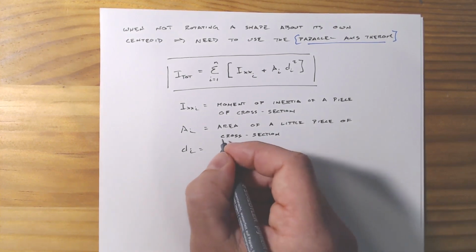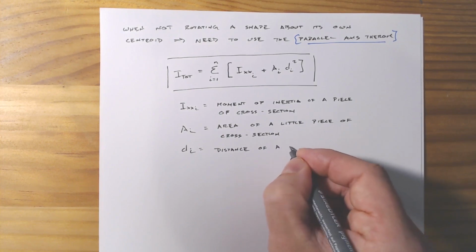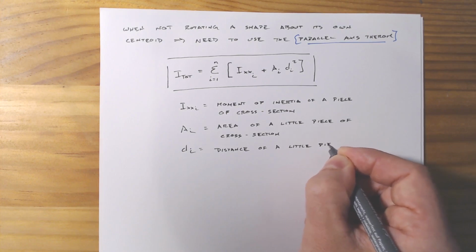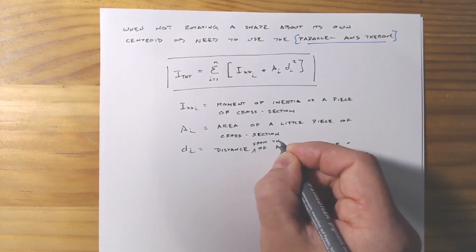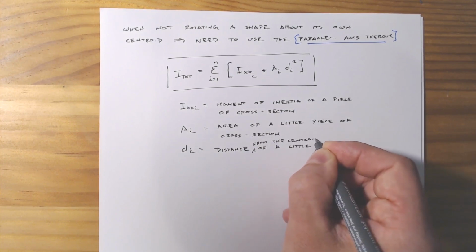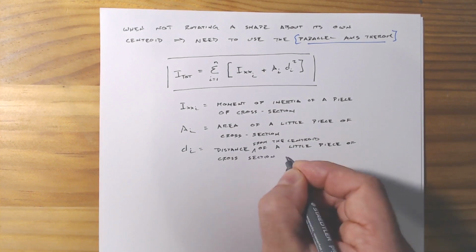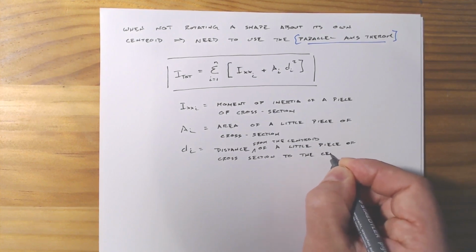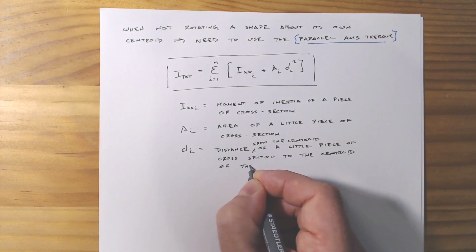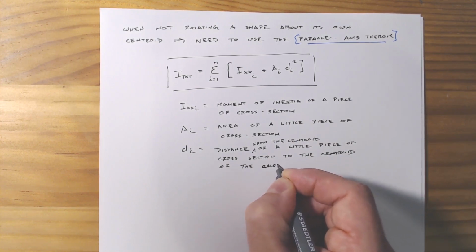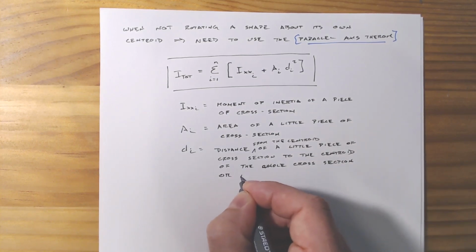And d_i is the distance from the centroid of a little piece of cross-section to the centroid of the whole cross-section, or some axis of interest.